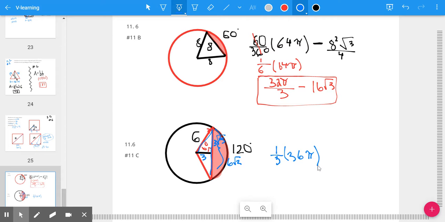And now I need to subtract the area of the triangle. It is not equilateral, so I'm just going to use my normal formula, half base times height. My base is 6 radical 3 times my height, which we found to be 3. 36 pi divided by 3, I can simplify that to be 12 pi.